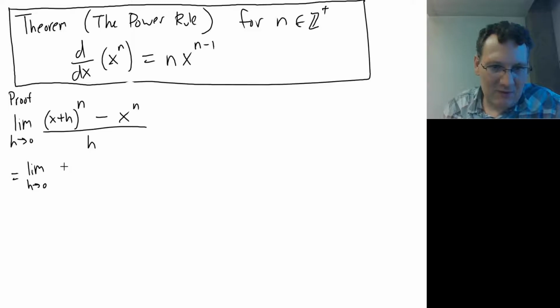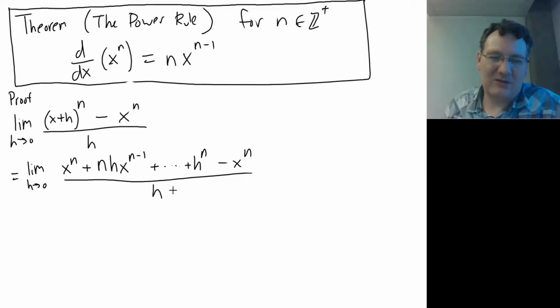The first term, if we expand it, would be x to the n. And then we're going to have plus n times h times x to the n minus 1, and then we have a whole bunch of terms that have h's until we finally get to h to the power n, minus x to the n, over h.